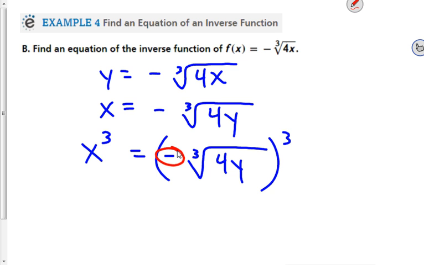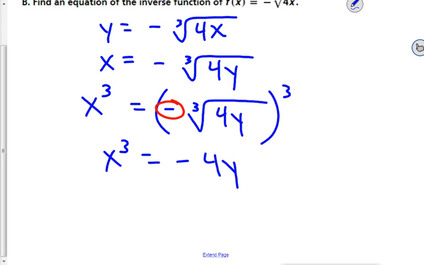When we cube something, that means we multiply it by itself 3 times. So that means we have a negative times a negative times a negative. Well, a negative times a negative is a positive, but then a positive times a negative is a negative again. So the result here is a negative 4y, and that equals x cubed. So to finish solving for y, we're going to divide both sides by the negative 4 on the right, and we're going to get y equals x cubed over negative 4.